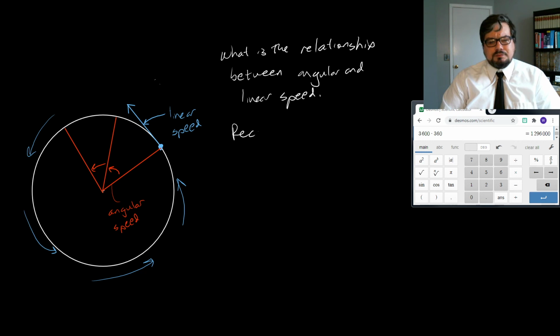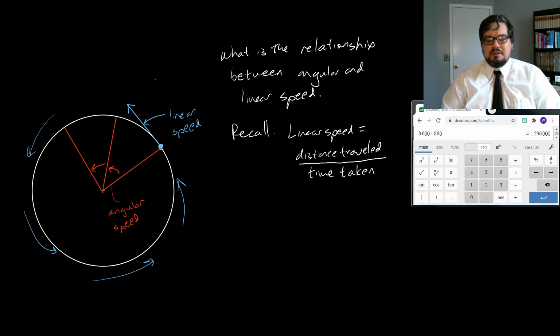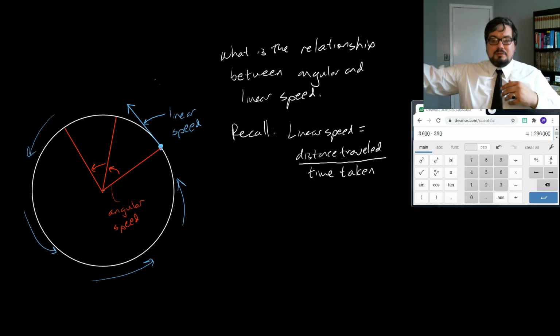So recall that linear speed is equal to the distance traveled divided by the time taken. So if I want to calculate my linear speed, I ask, okay, how far did I go? And then I divide that by how long it took me to go there. If I travel 100 miles in 2 hours, I traveled at 50 miles per hour.